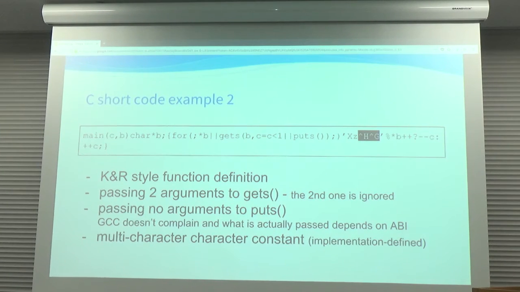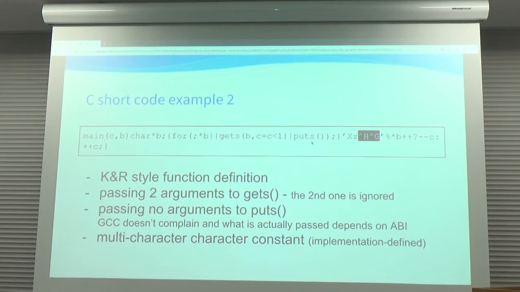And then another example, you can see K&R style function definition. The type of argument is written after the name of the variable. And also there are too many arguments to gets and too few arguments to puts.